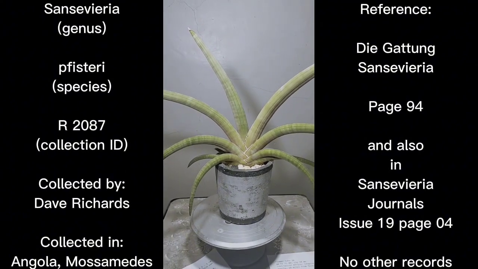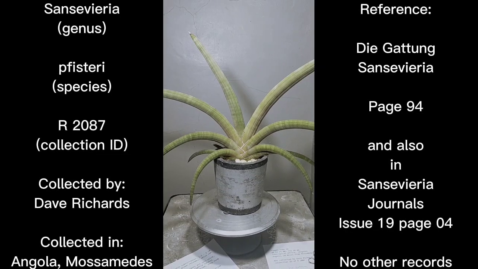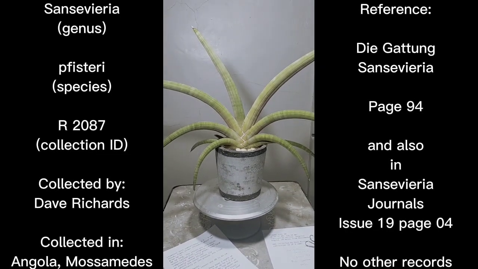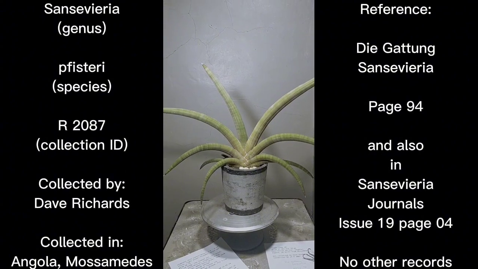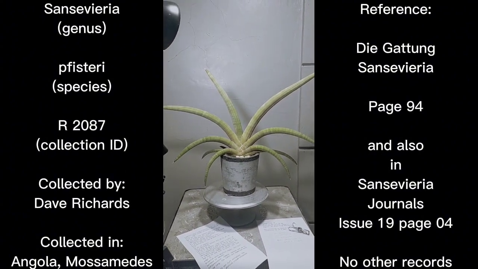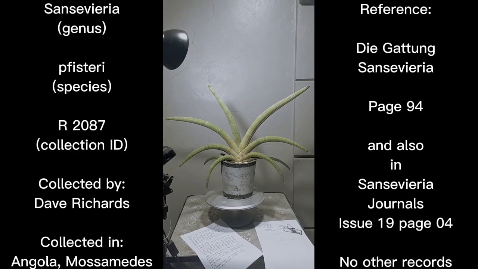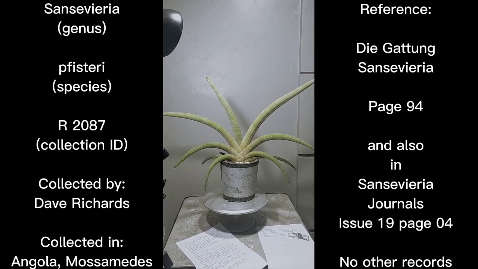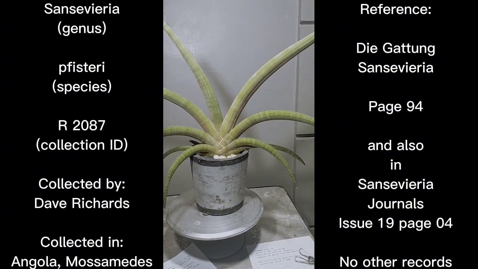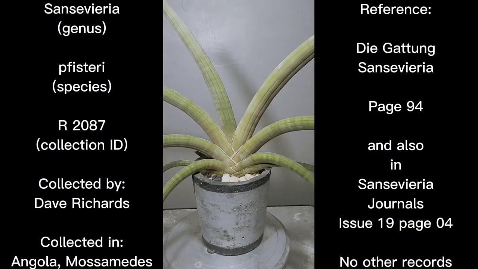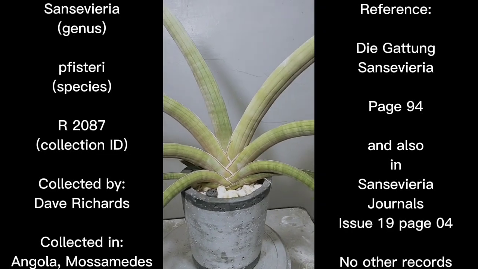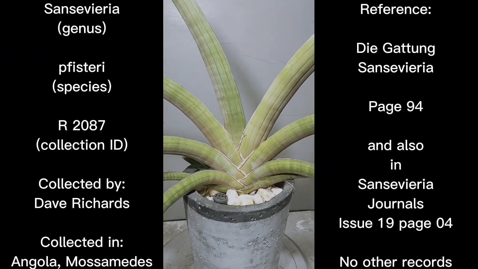You have also noticed in the thumbnail that I am present in the picture, and that is just to show how large the specimen of Sansevieria pfisteri is. I'll have to move backwards to show you how large the specimen is. If I later take measurements, we can get data on how long the leaves are.